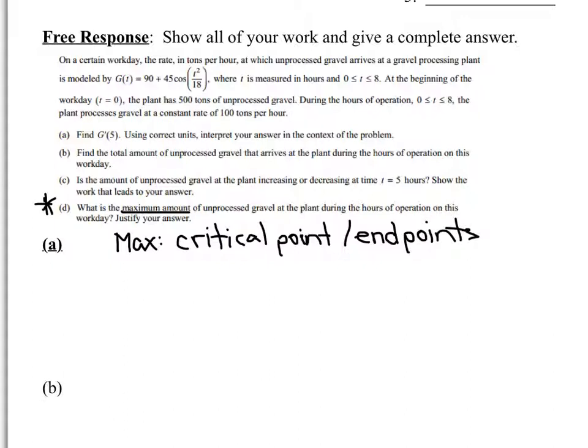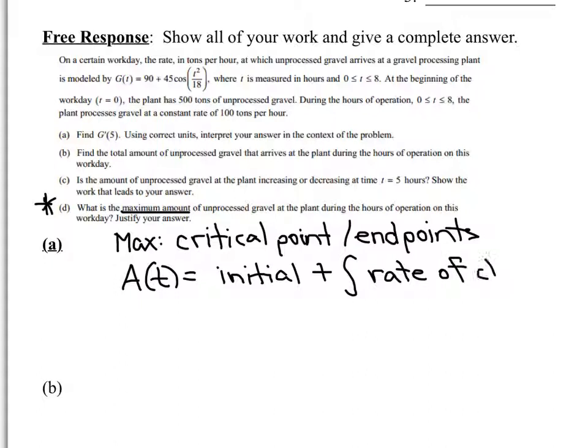So first things first, in order to set the derivative equal to 0, we need to have a function for the amount of gravel. Remember, when we're given a rate of change, if we do the initial amount plus the integral of the rate of change, then we can find the total amount of gravel. In this problem, the initial amount is 500 tons.